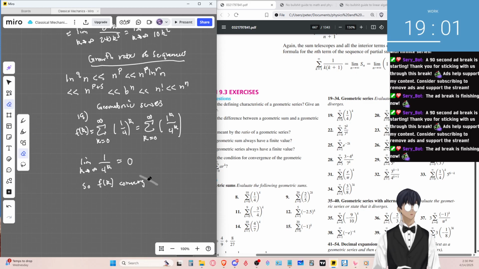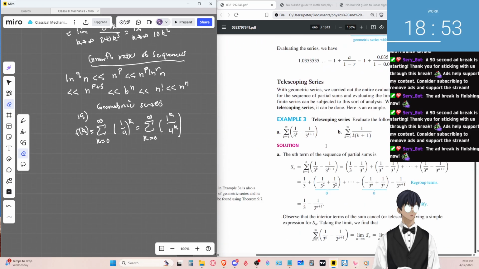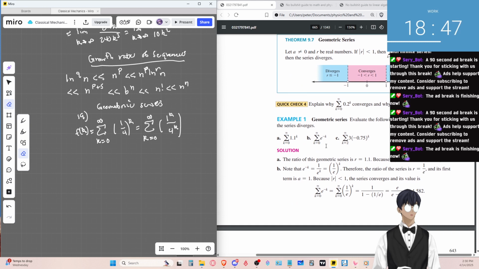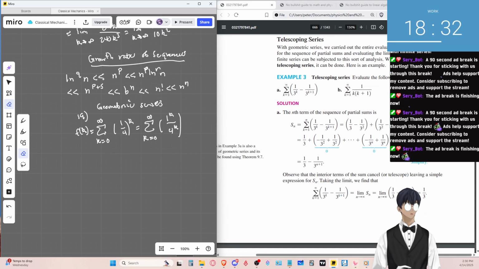Hold on. I think I'm mixing up my tests, because geometric series is supposed to be less than, unless I'm not doing it right. Let's take a look here. Oh yeah, so basically r is not k, r is this, so it's less than 1.